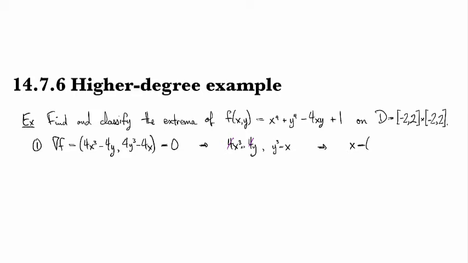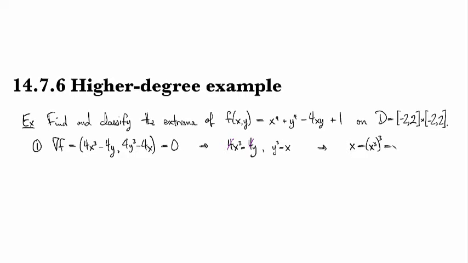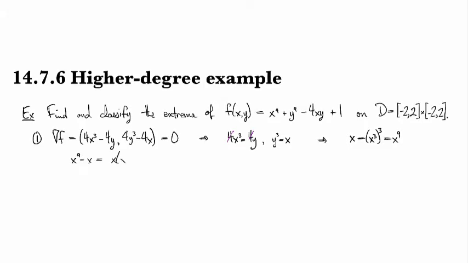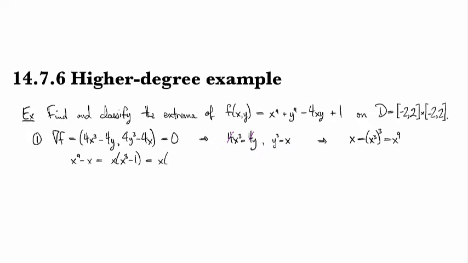So if I put y equal to x cubed in here, then I end up with x equals x to the 9th. What can I do with that? x to the 9th minus x is x times x to the 8th minus 1. I can use a difference of squares on that, so that becomes x to the 4th plus 1, x to the 4th minus 1.